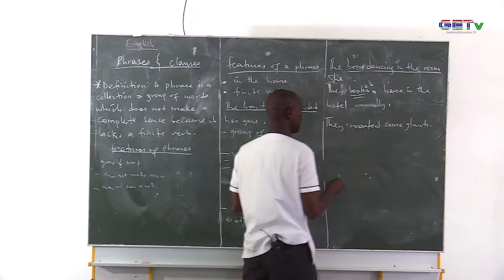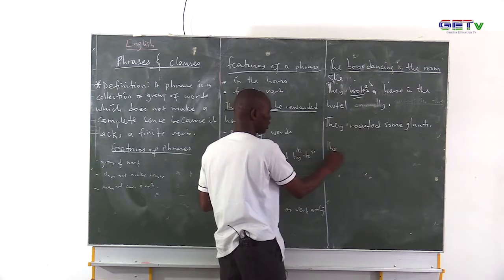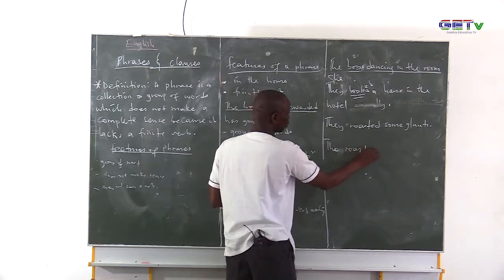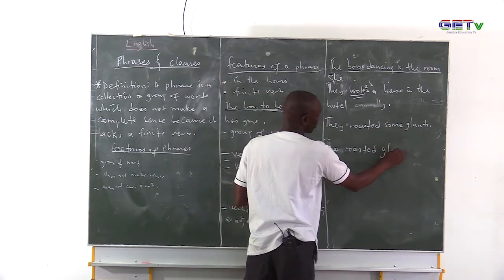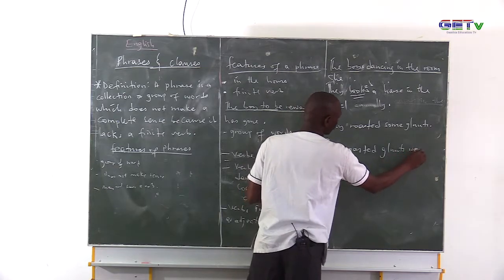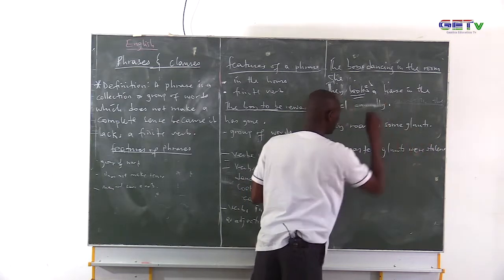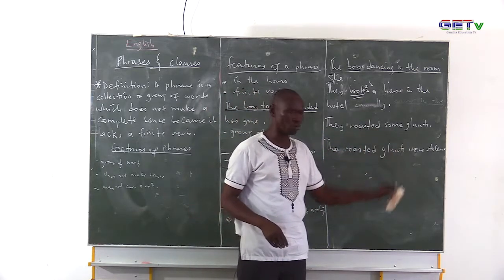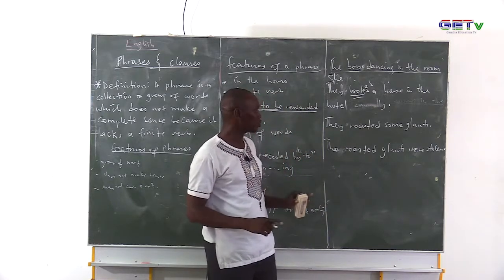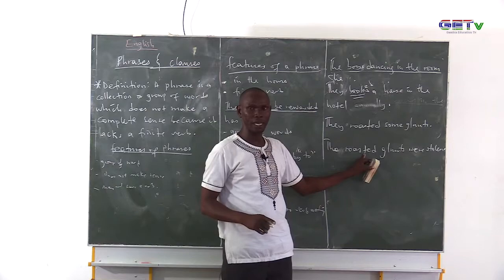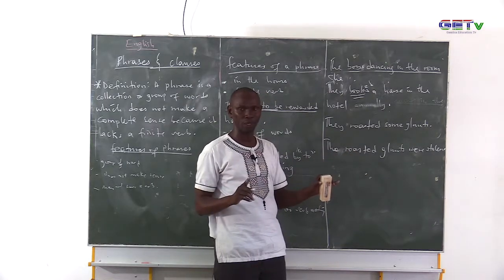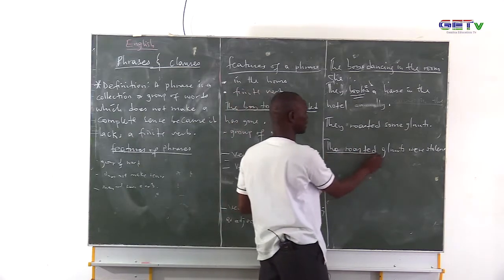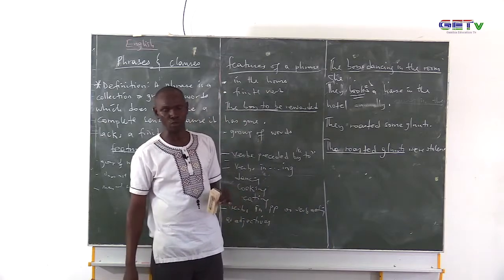Now, example 2, the roasted groundnuts were stolen. By looking at these two, they roasted some groundnuts. The roasted groundnuts were stolen. Looking at these two, the word roasted here belongs to two different word classes. You get the point? So if you only know roasted as a verb, and in this context, if this is underlined, the roasted groundnuts, you are likely going to say it's a clause, and you get it wrong.